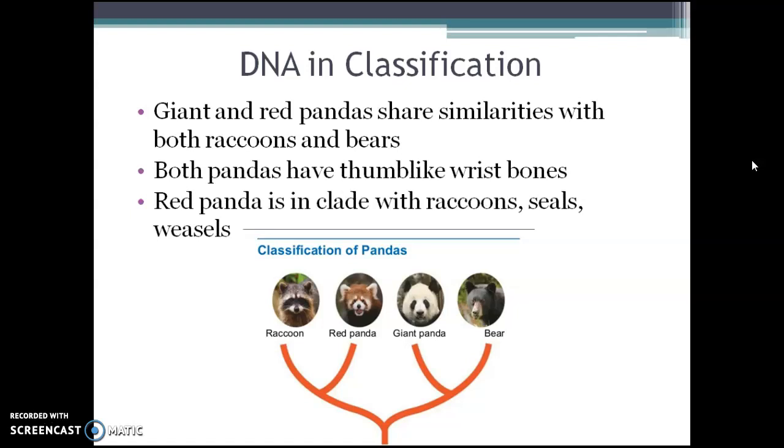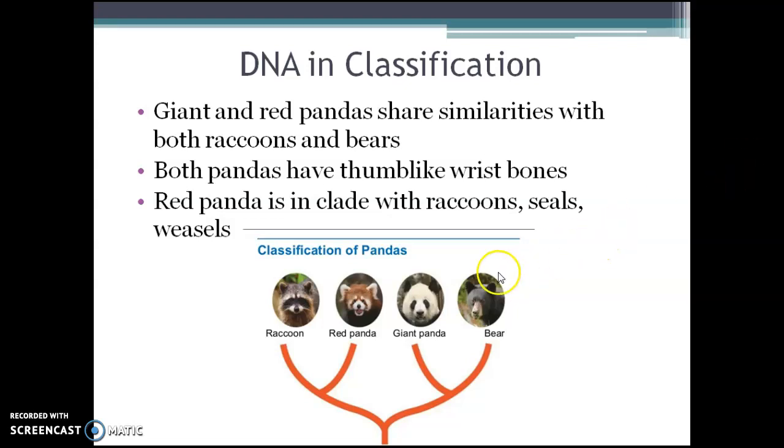All right, another interesting look at this. Now, this diagram is not a cladogram, but it's another diagram that is used to show evolutionary relationships. And we can also look at the pandas. And I know we call the panda a panda bear, but maybe that isn't always a perfect way of describing them.